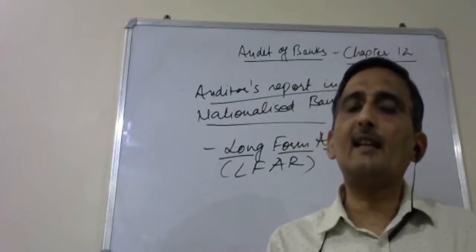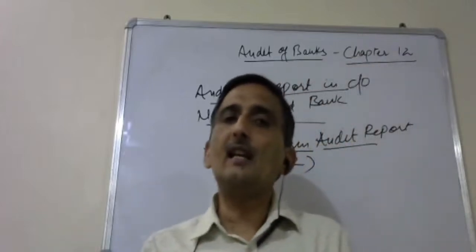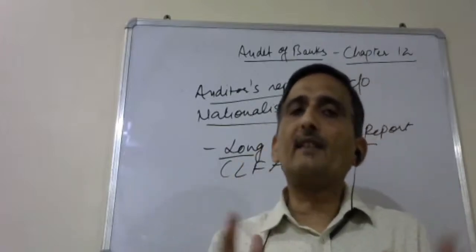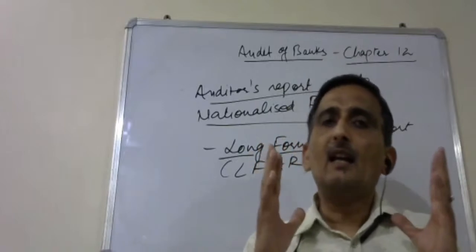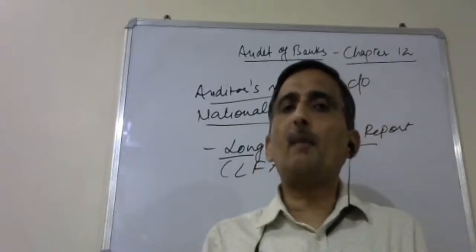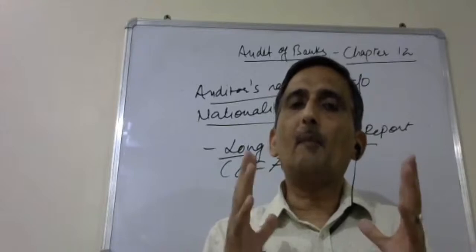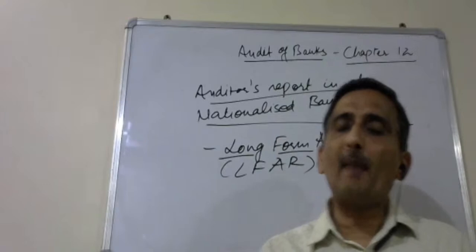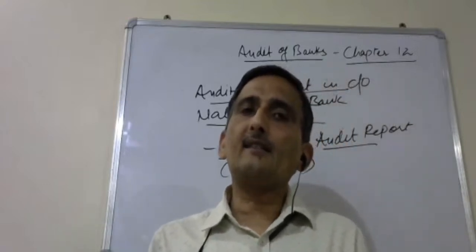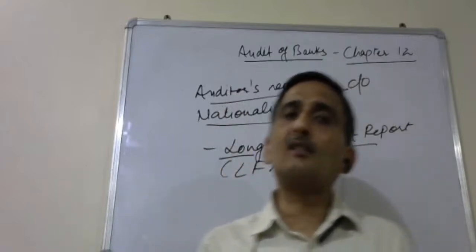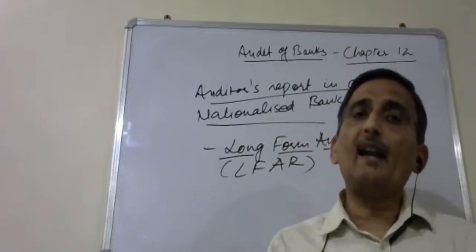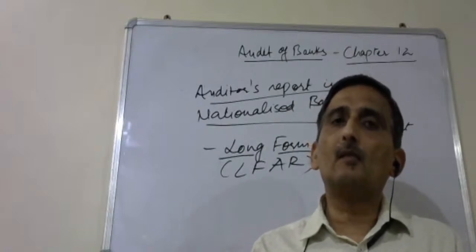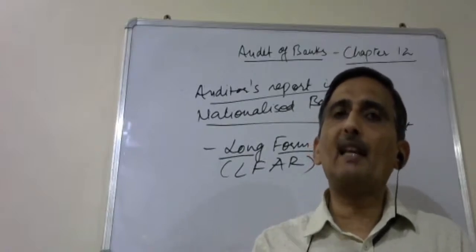So keeping in view all these factors, the auditor has to accept the assignment, and after accepting the assignment, he has to make an audit strategy by studying the accounting system of the bank, by studying the internal control, by evaluating the risk of material misstatements, and in case of banks, the auditor has to also assess the risk of fraud and risk of fraud due to money laundering.